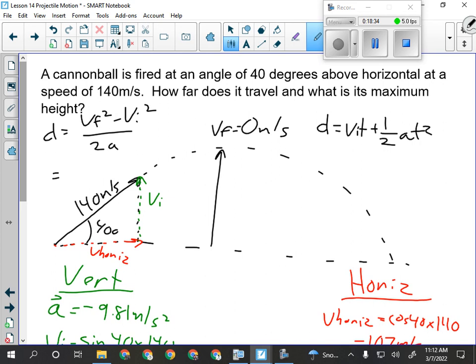Have the acceleration, I would know this is half of the time I calculated. Whoops, sorry, that's not 0. I can't cancel that out, but that's okay. I can use that formula, plus 1/2 AT squared, and just go 89.9 times, what was half my time here?